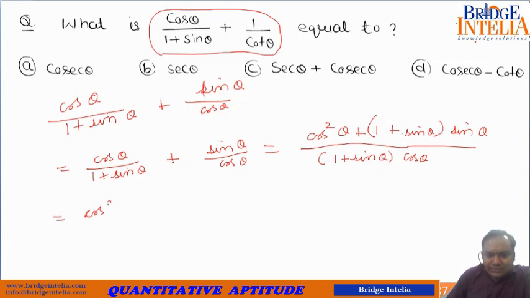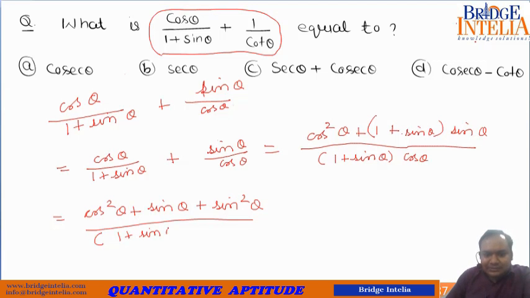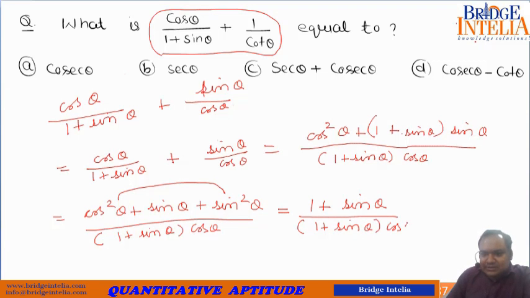So this becomes cos square theta plus sine theta plus sine square theta whole divided by 1 plus sine theta into cos theta. So now this cos square theta plus sine square theta when added will become equal to 1. So this can be written as 1 plus sine theta whole divided by 1 plus sine theta into cos theta.